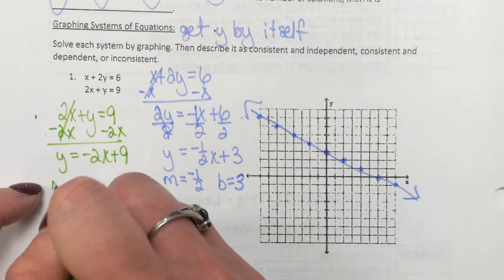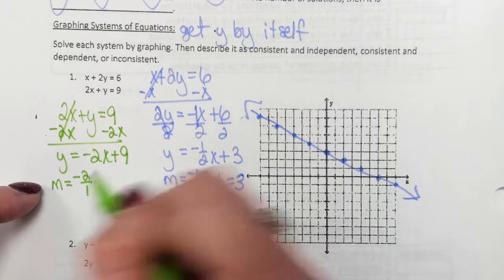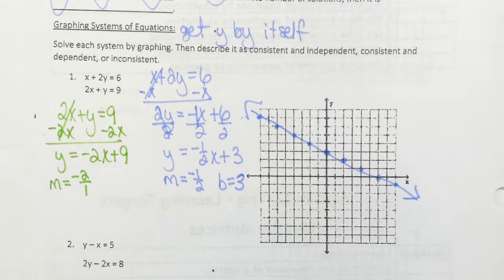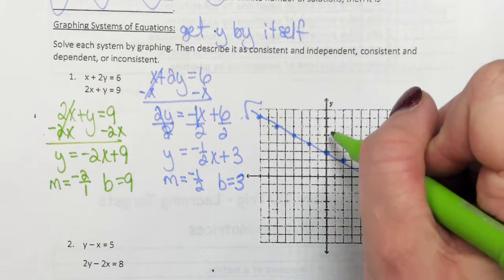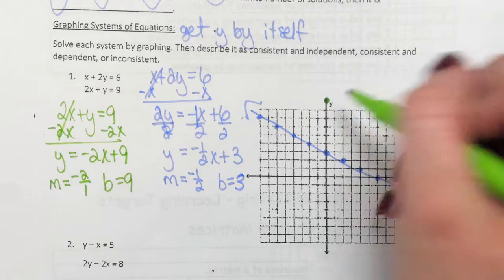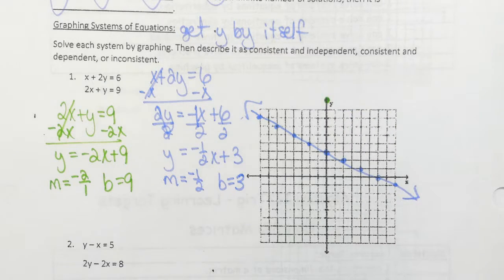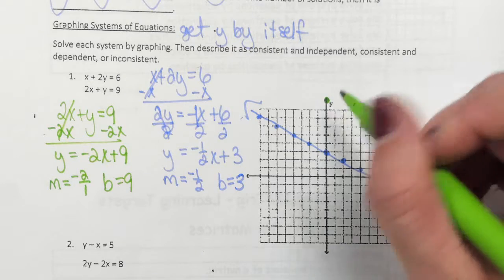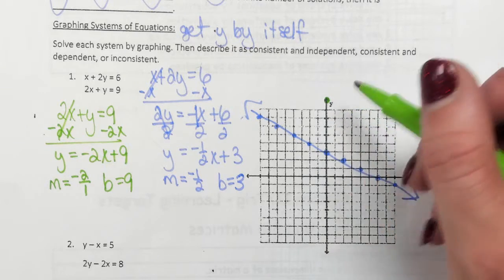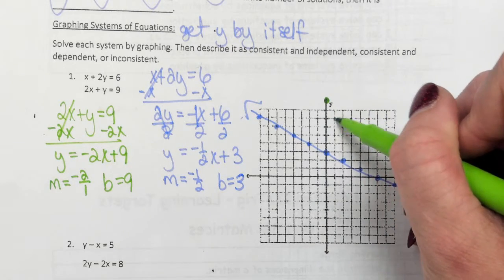All right, make it a fraction. What would it be? Over 1. Yep. All right, Sailor, what's my y-intercept on this one? 9. Perfect. So I'm going to have to go up 9, which means I have to go 1 off the graph. And my slope of negative 2 over 1, Alyssa, what's negative 2 over 1 tell me to do? Perfect.